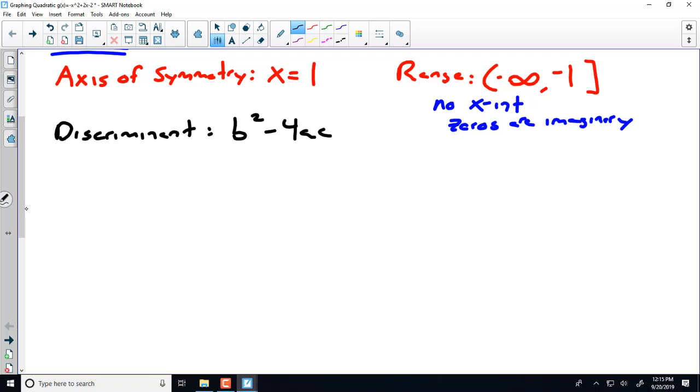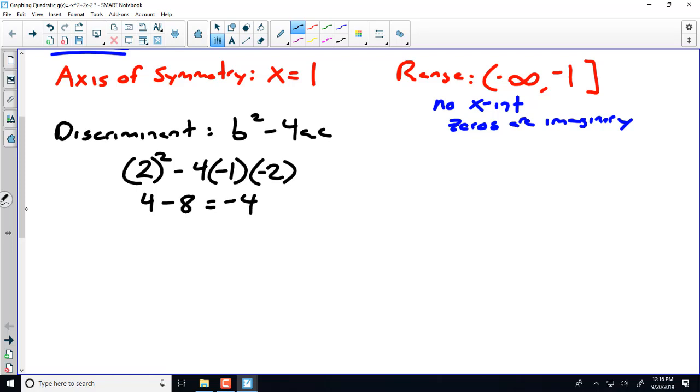So if we use our discriminant here, we're going to have 2 squared minus 4 times -1 times -2, which is going to be 4. 3 negatives, so there's 1 left over, -8 equals -4. What that means, everyone, since we get a negative number here, is that our zeros are imaginary. So we have no x-intercepts for this graph.